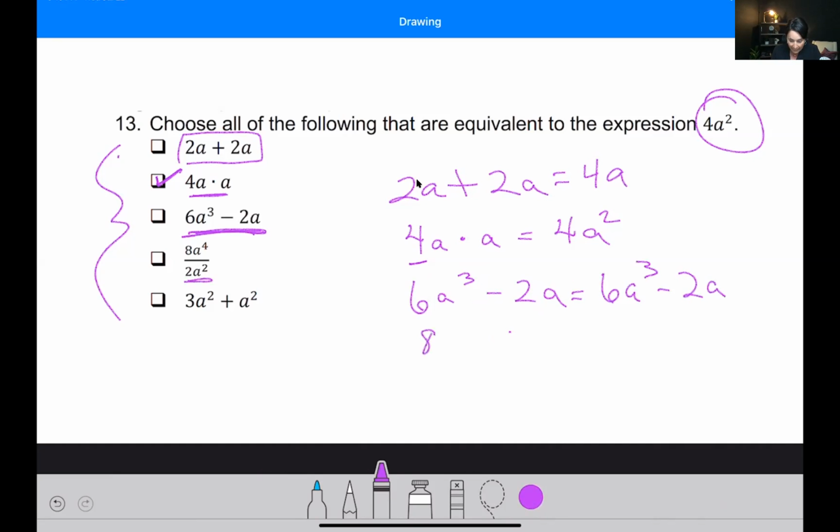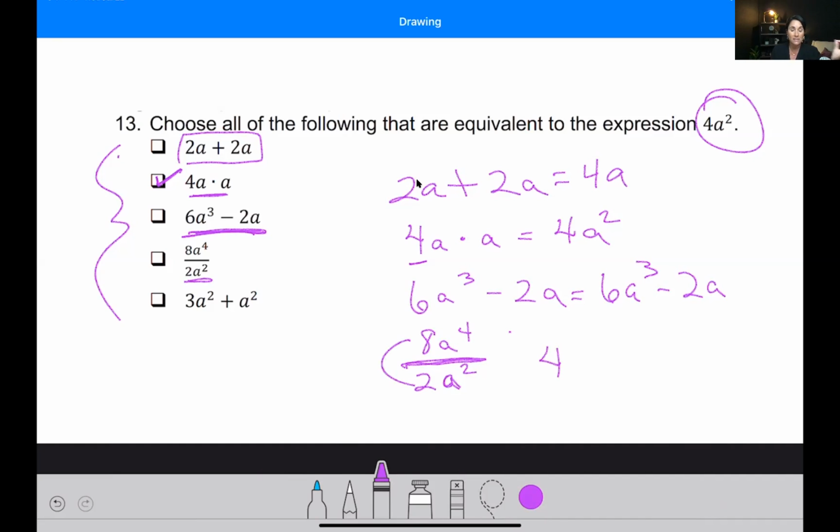Now let's take a look at the fourth box. I have 8a to the 4 over 2a squared. Now this little bar here is division. I'm basically dividing 8a to the 4th by 2a squared. In this case, we are going to divide 2 into 8, and I get 4, and now I have a to the 4th divided by a to the 2nd. Even if it weren't like terms, I could still do it because it's division.